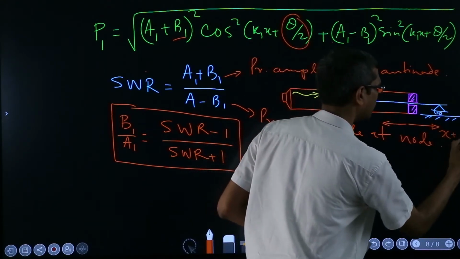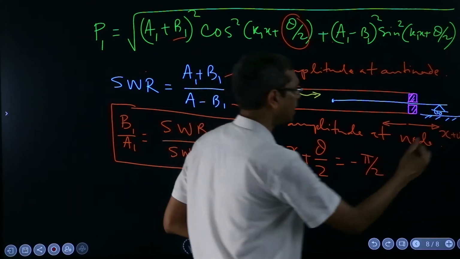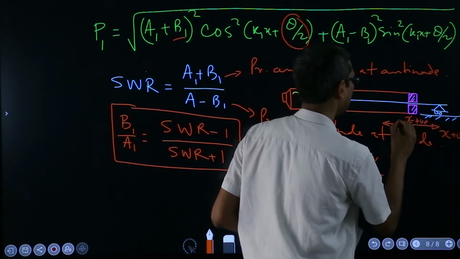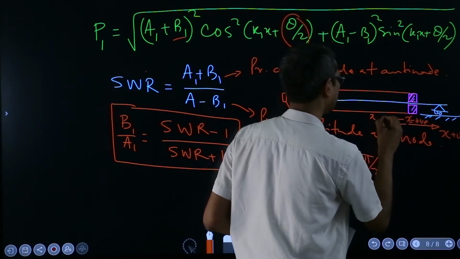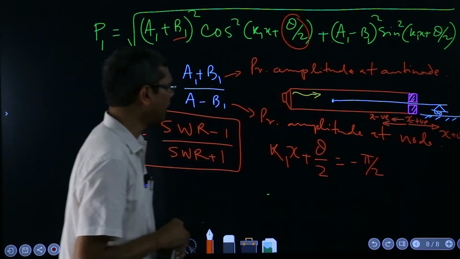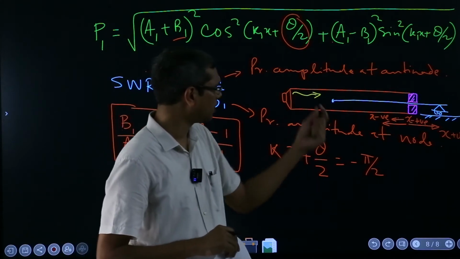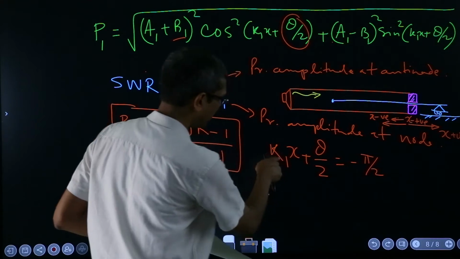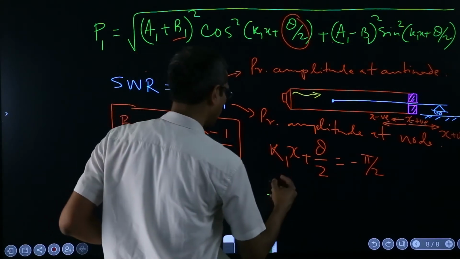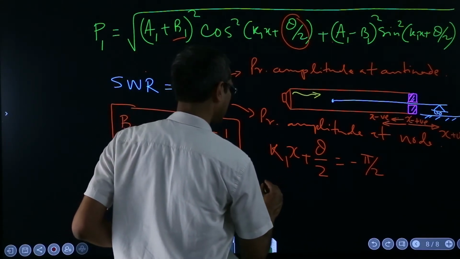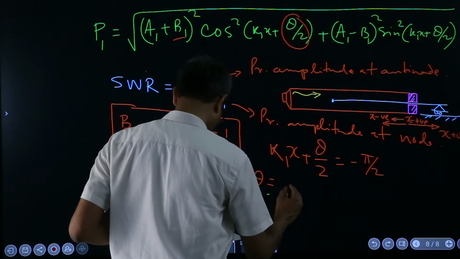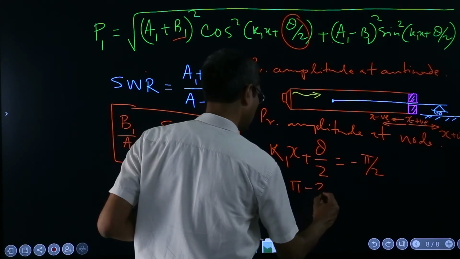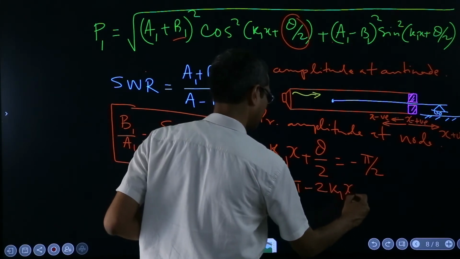So x positive here, and here x negative. And that is why for the first node you are replacing this, and k1 is 2 pi over lambda 1. So you are getting theta is minus pi minus 2 k1x.